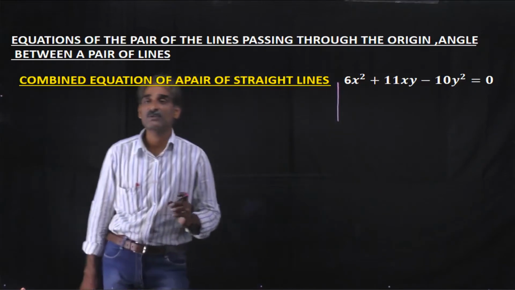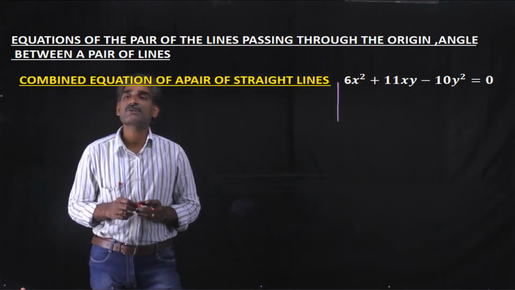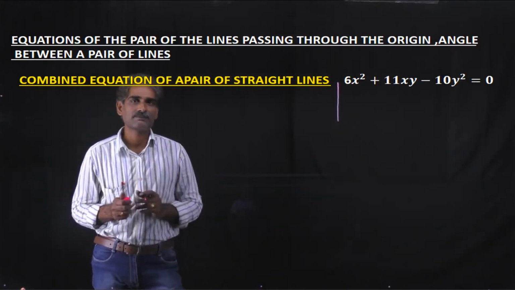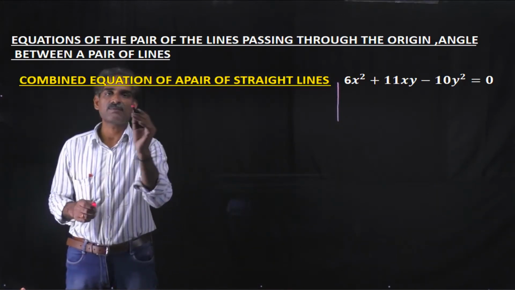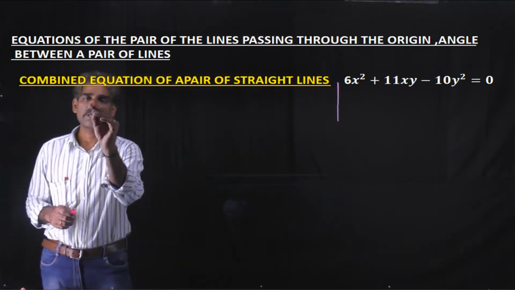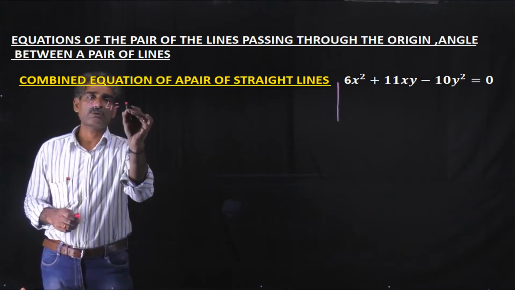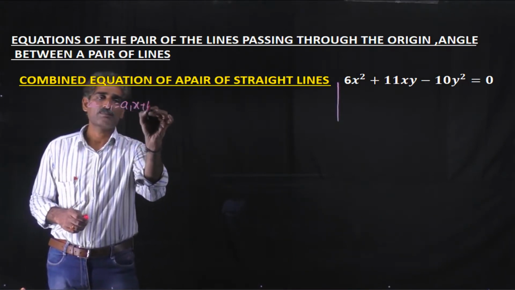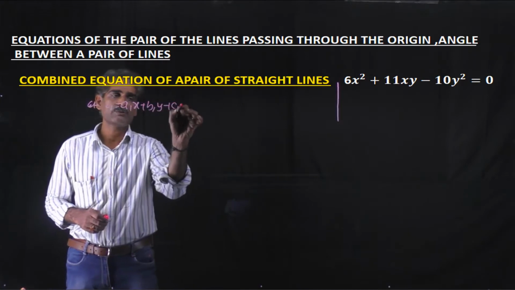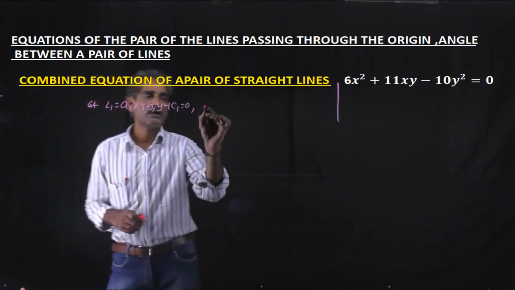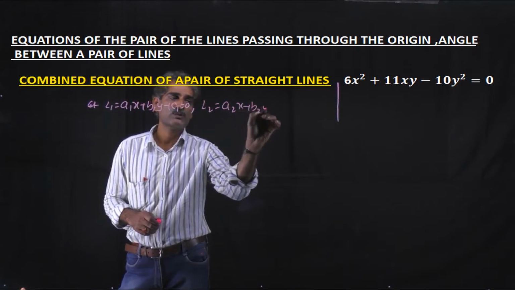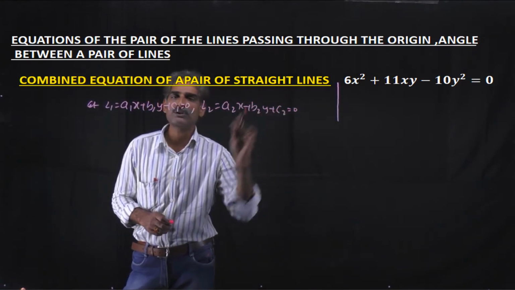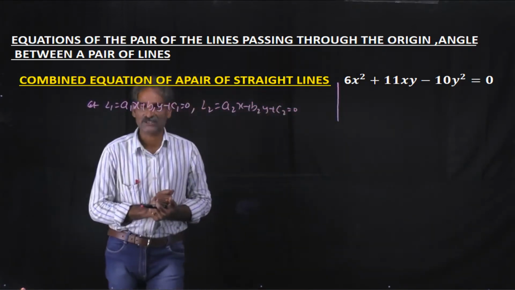First of all we will discuss the combined equation of two straight lines. Let us consider the equations of two lines. Let L1 equal to A1x plus B1y plus C1 equal 0 and L2 equal to A2x plus B2y plus C2 equal 0. These are the equations of the two straight lines.